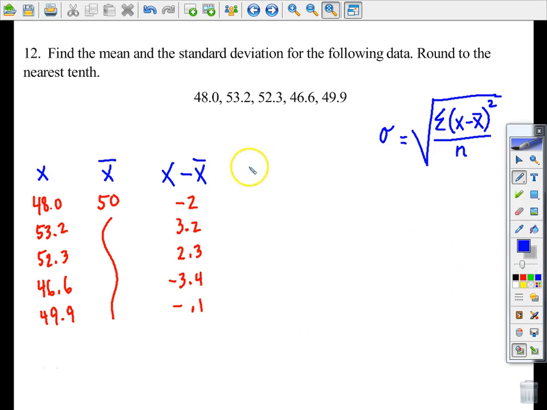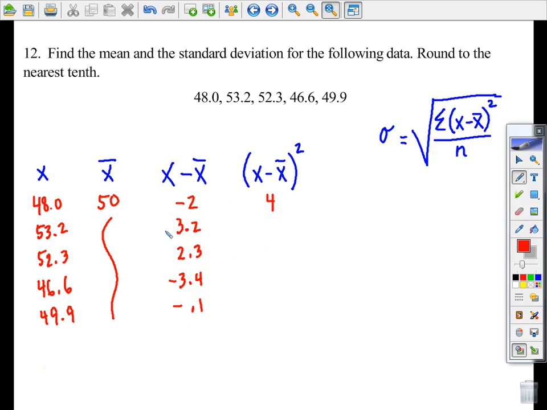Okay, the next column will be these numbers that we just came up with, but squared. So we're just going to go through and square each one of these numbers. Well, negative 2 squared, of course, is just positive 4. Remember, all of these, when squared, will be positive.